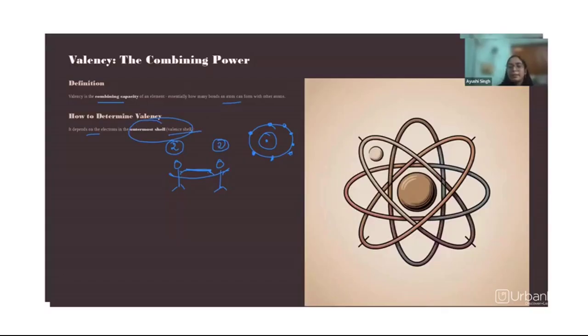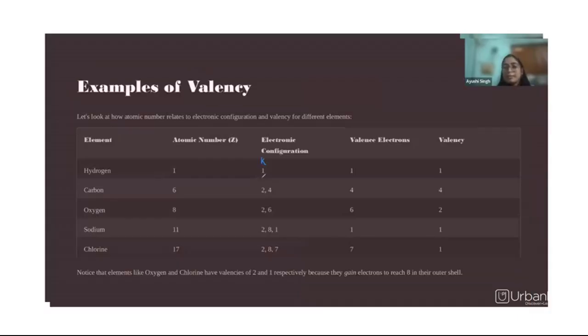Now, as you can see, electronic configuration is nothing but how many electrons are present in each shell of that atom or element. This is the K shell, this is the L shell and this is M. For hydrogen, only the first shell is there and only one electron is here.